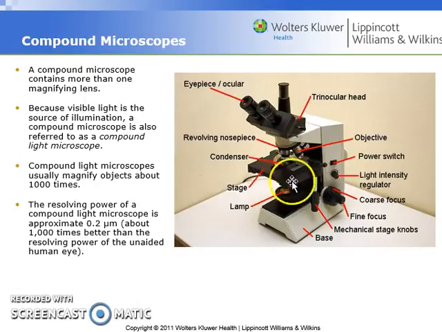So when we view the bacteria that sit on this mechanical stage using our 100x power, we multiply that 100x times the magnification of the oculars, which is 10, and that gives us a total magnification of 1000x. Again, allowing us to view bacteria 1,000 times greater than their original size.